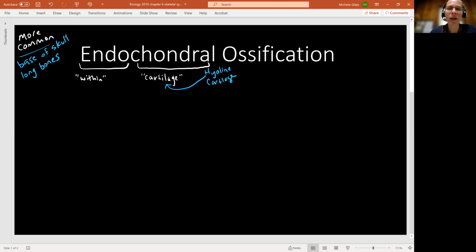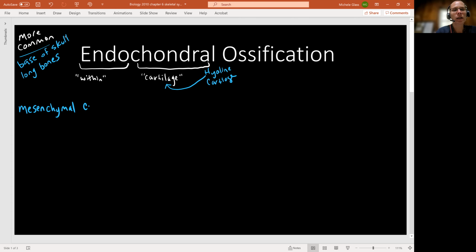We do have some similarities in our pattern here, but we do have some differences. This one does feel a little bit more complicated. So in this case, we're going to list out the steps, look at a diagram together, and then try to come up with the basic pattern. We are starting again with mesenchymal cells.